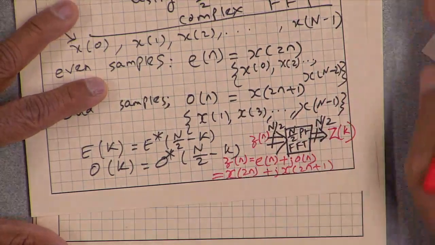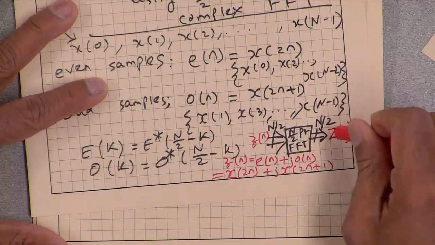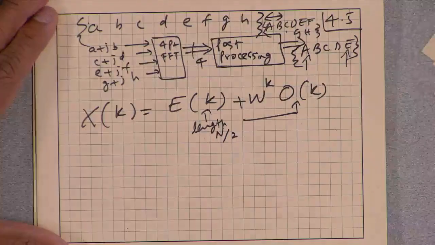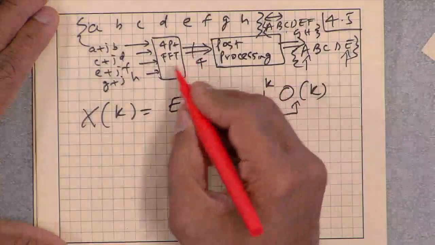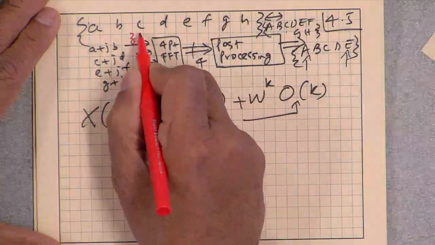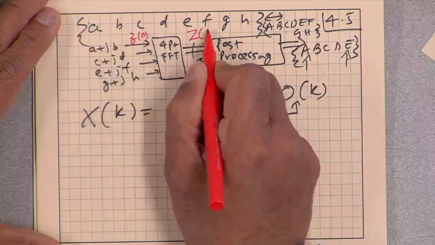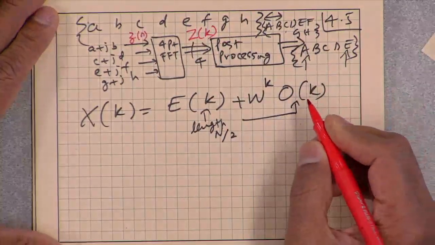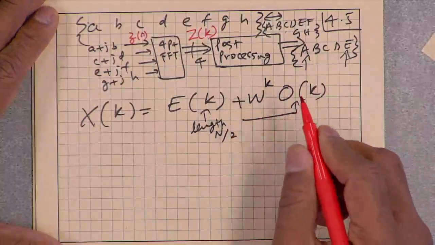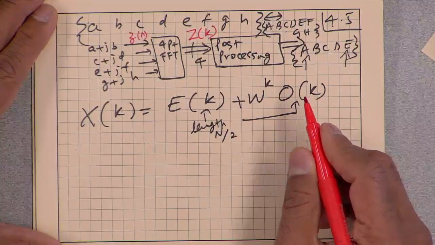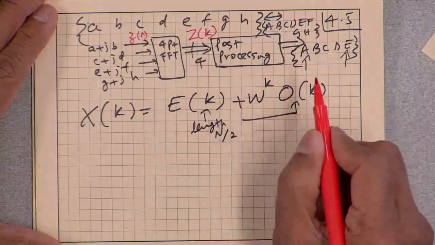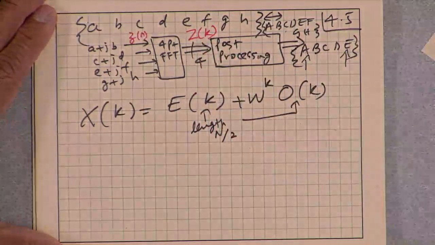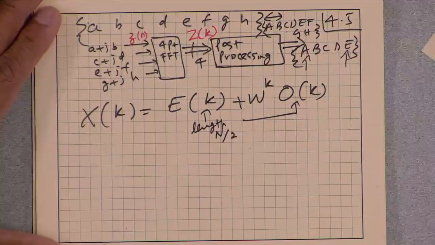Okay, so we have this n by 2 point Zk, and then from that we will get to xk, but the first step is to get Ek and Ok from this Zk. So that's the first step.